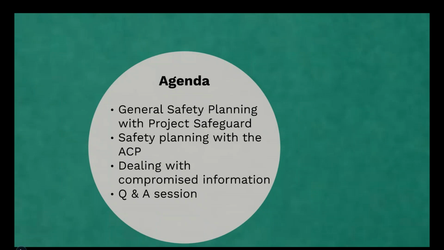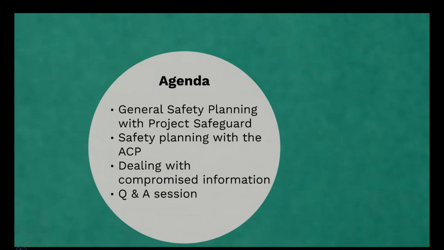So all of you have a lot of knowledge and experience within your own agencies, and we welcome you to bring that to this space and share it related to safety planning or anything else that you want to just share. So we'll start with that safety planning with Project Safeguard. We'll then go into some specific safety tools and facets of the Address Confidentiality Program for any participants that you are working with or future participants that you just want to have that knowledge of.